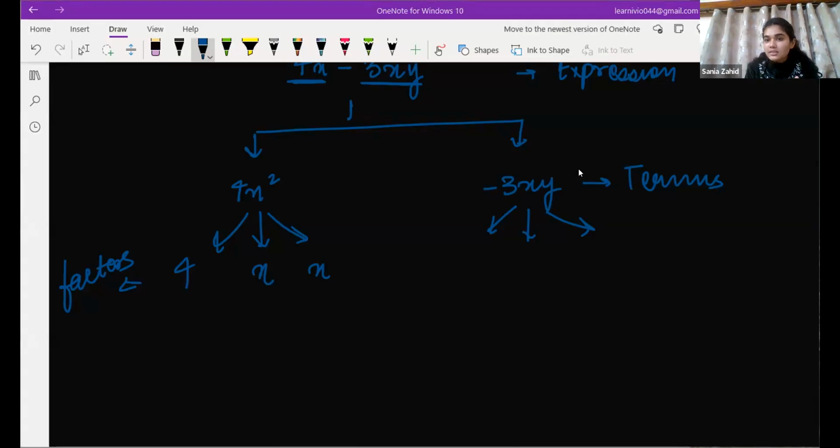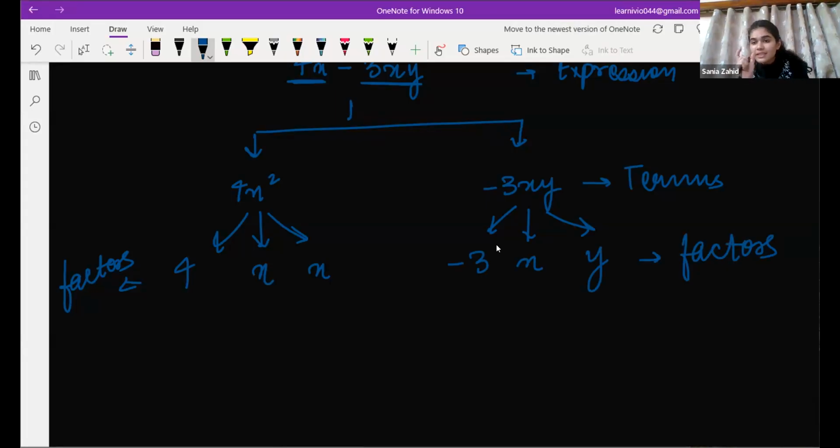When you multiply minus 3, x and y, that is when you will get the term minus 3xy. So these are the factors. I hope this much is clear to you. So in an algebraic expression, we have two things. You need to understand the terms, and the terms are composed of factors. Okay? Yes, ma'am.